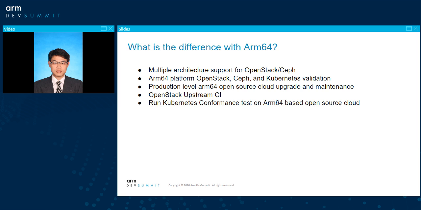Next is production level Arm64 open source cloud upgrade and maintenance, because we use our solution on a real production level system, that is Linaro Developer Cloud. We are also maintaining the OpenStack upstream CI, and running the Kubernetes conformance test to achieve the CNCF certified cloud.